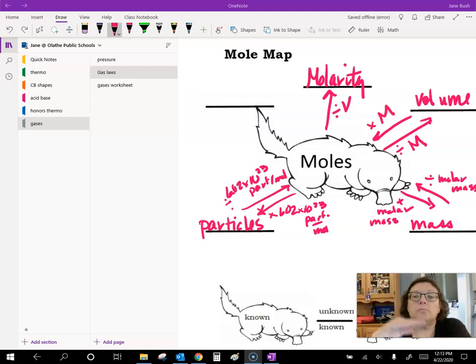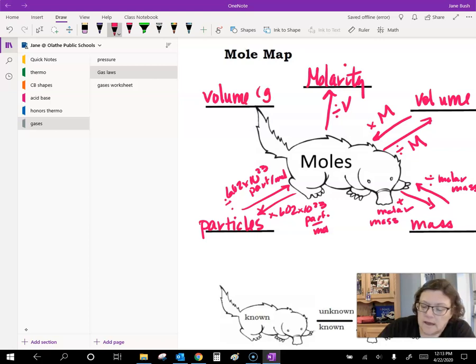The relationship between moles: if you have 1 mole of gas at 0 degrees Celsius, 273 Kelvin, and 1 atmosphere pressure, it will take up 22.4 liters. So this is volume of a gas. 1 mole will take up 22.4 liters per mole.